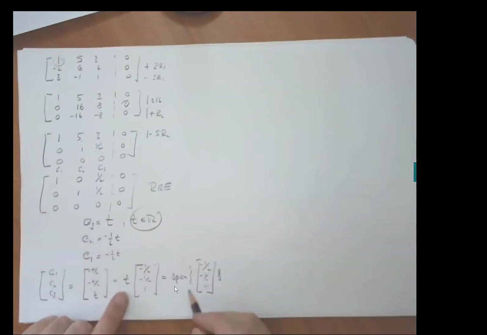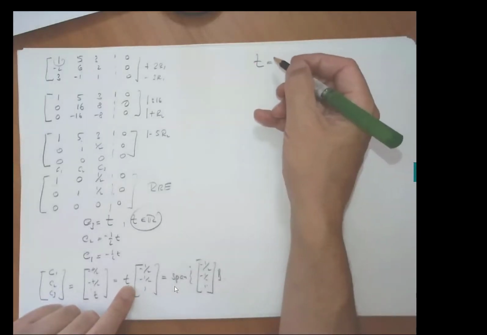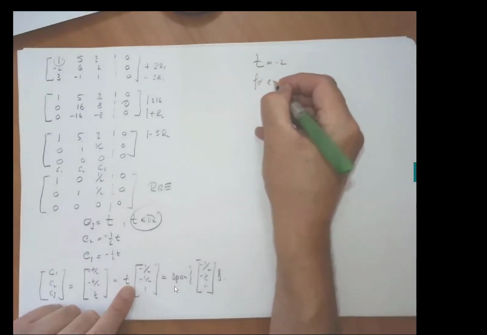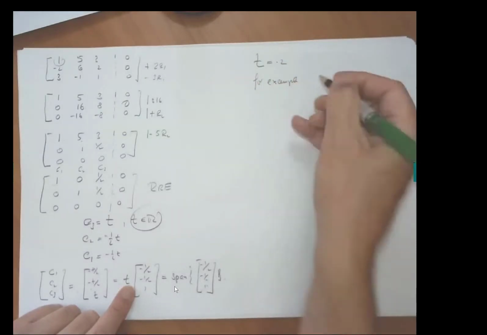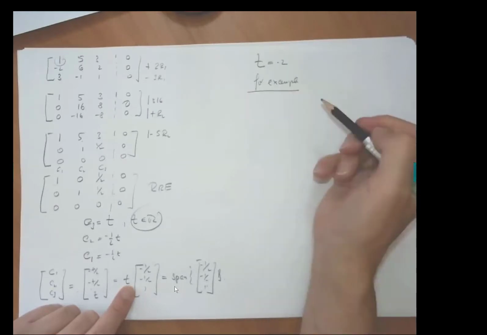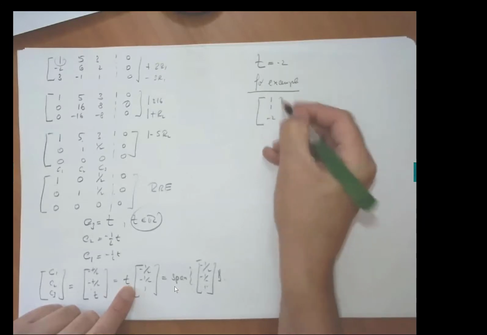And now you can pick any t you like. For example, I make t equal to -2, so the numbers are a little bit nicer. So we get the vector (1, 1, -2).